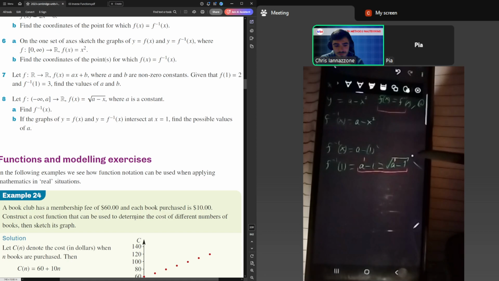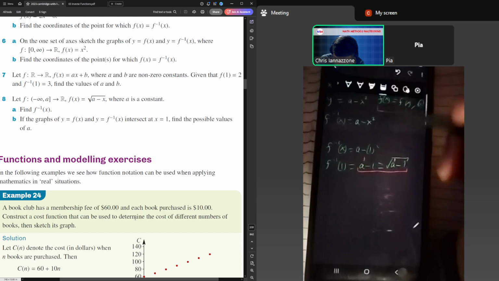The a equals 1 in this case. If that goes to 0 and that goes to 0, then they're both 0. So that will be one possible solution there.